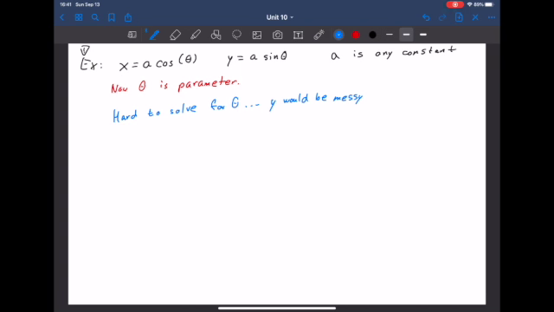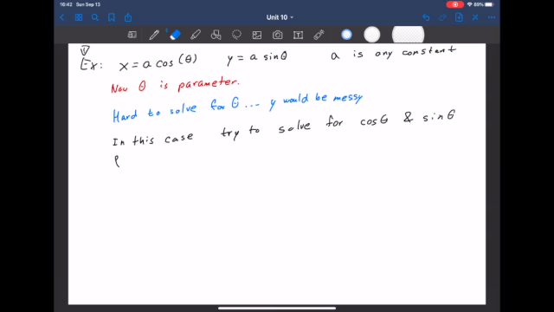And what you end up doing in general in this situation is try to solve for cosine theta and sine theta, then use an identity. Which identity? Our favorite trig identity, cosine squared plus sine squared equals 1.